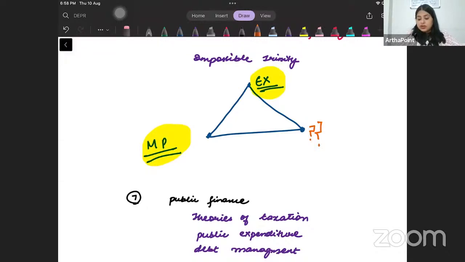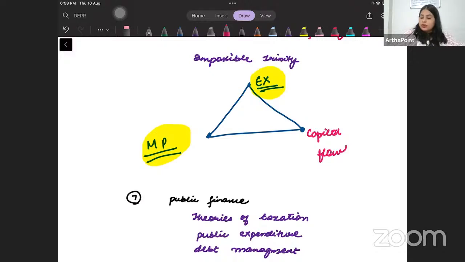Autonomous or free monetary policy, fixed exchange rate, and the third one, as you can tell, is free capital flow. So making this triangle becomes very important. That is the part of presentation that I'm talking about. Okay. So this is there.